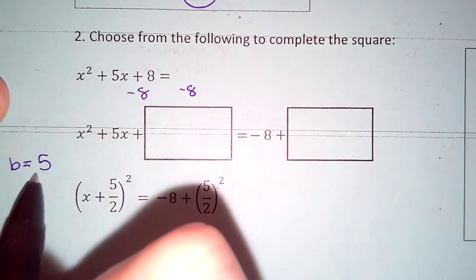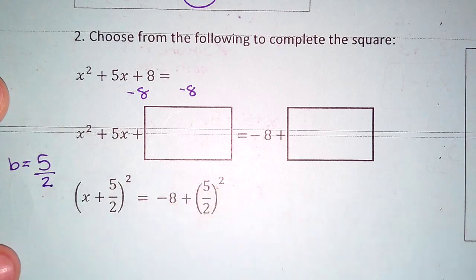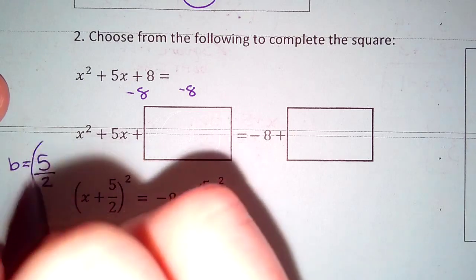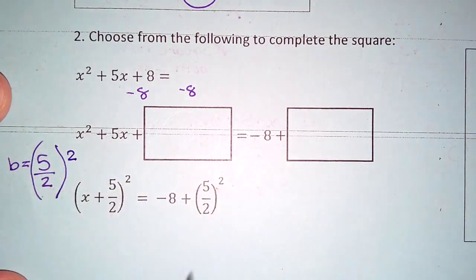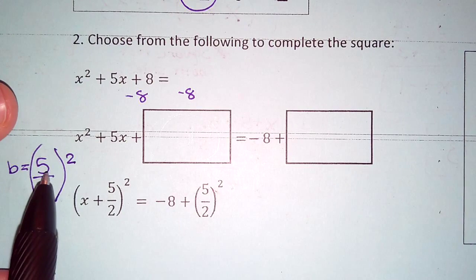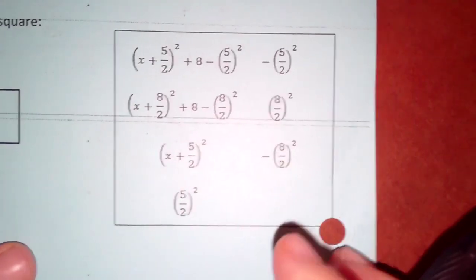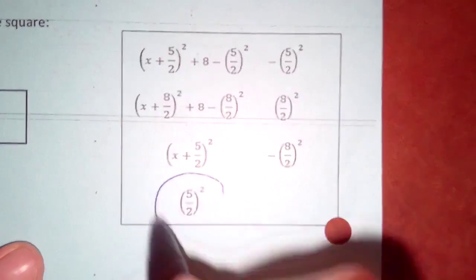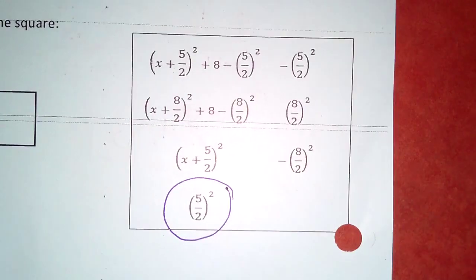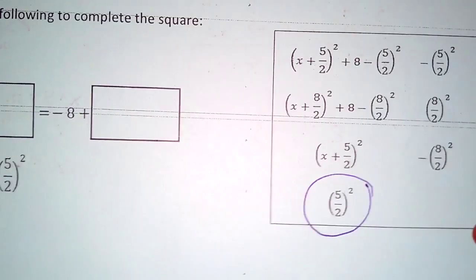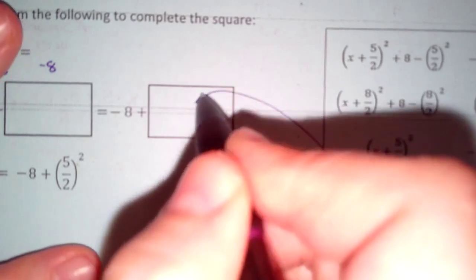We would divide it by 2, so 2.5, but they want us to leave it as a fraction. So it would be 5 over 2, and then we would square it. Is there 5 over 2 squared over here as an option? Yeah, 5 over 2 squared. That would end up going into both of these blanks.